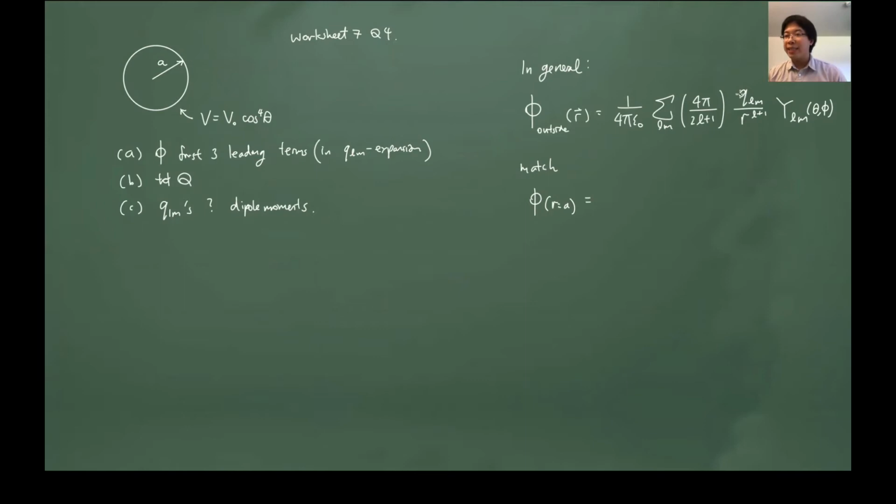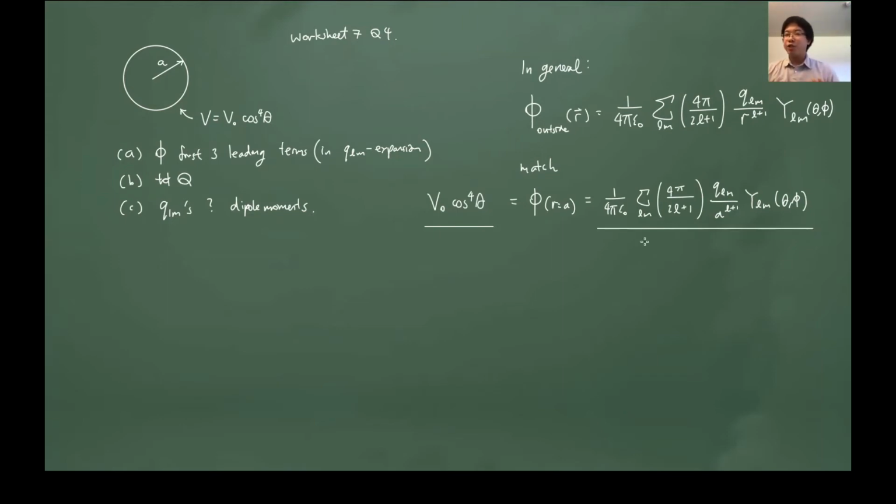On the one hand, this will look like this, so all I have to do is replace the r with a. And on the other hand, this should look like this. So now we want to match this side with this side.